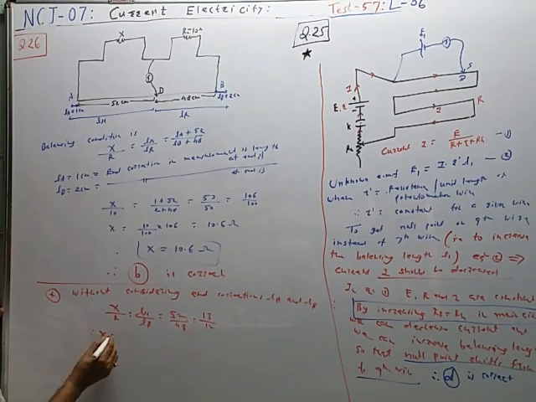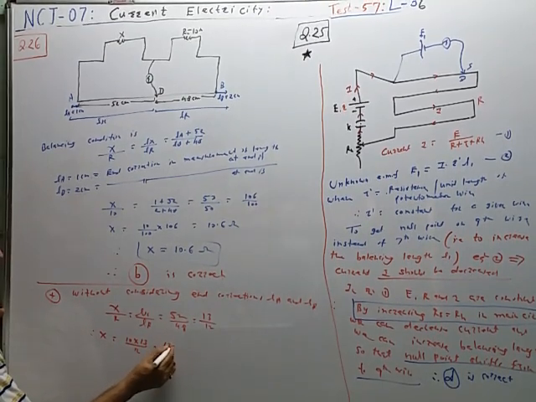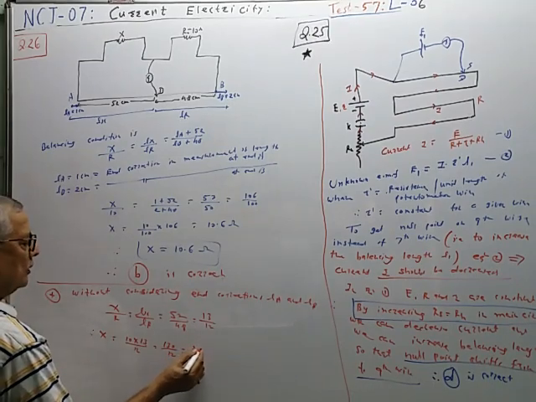And therefore X is equal to 10 multiplied by 13 upon 12. So 130 upon 12. So that is equal to 10 point.